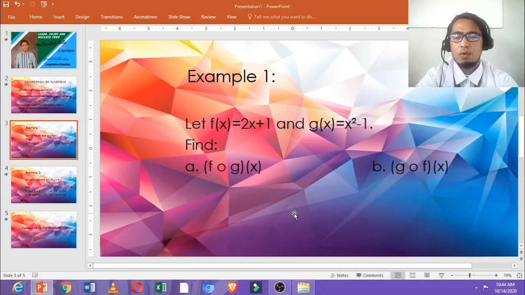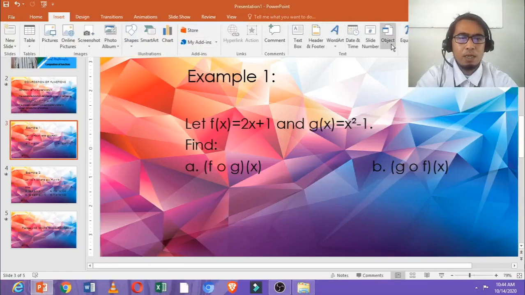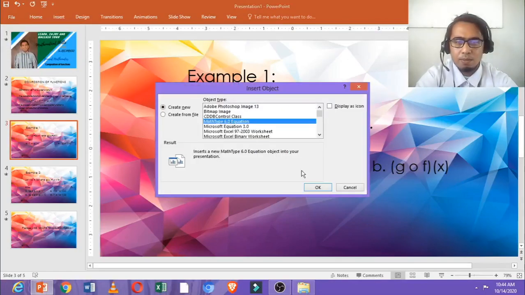So let's start with letter A. We will be using the math type in explaining our answer.